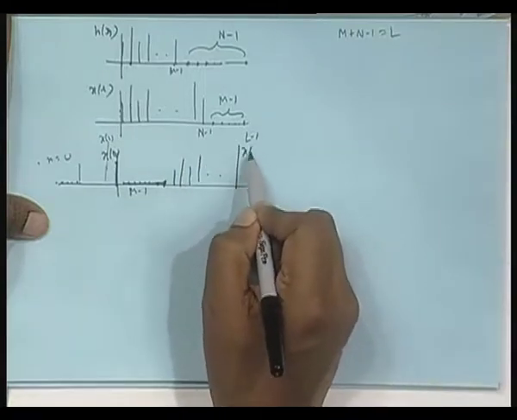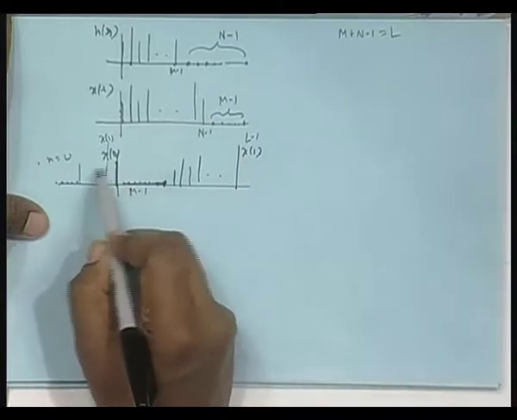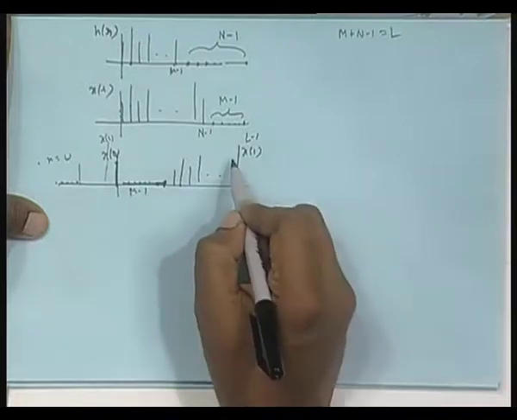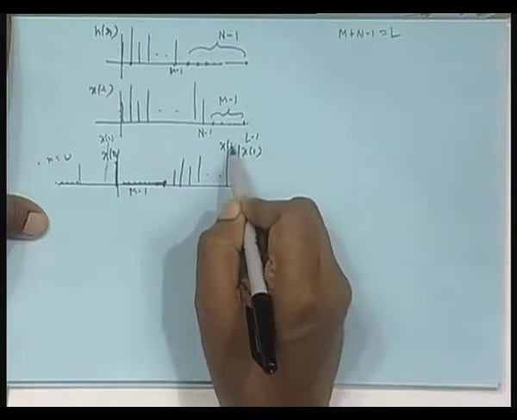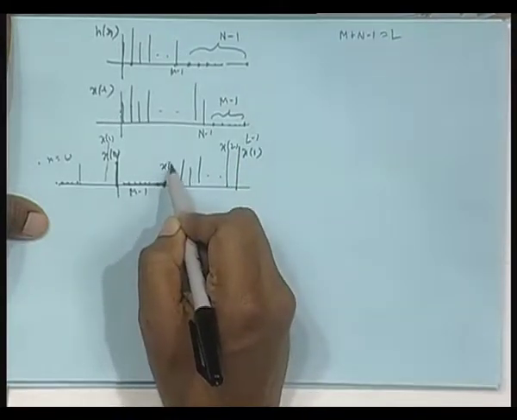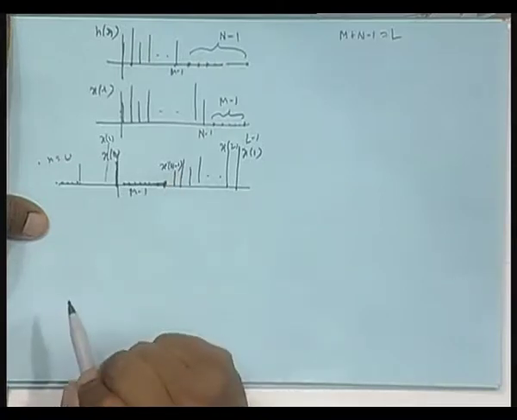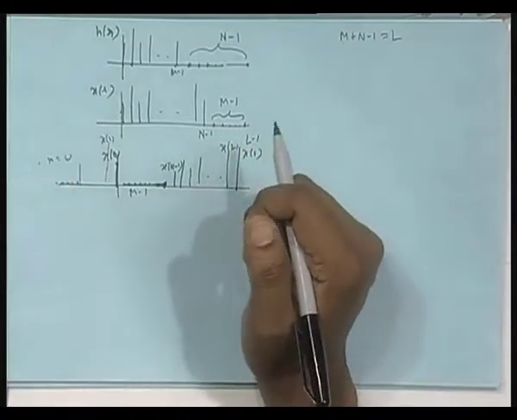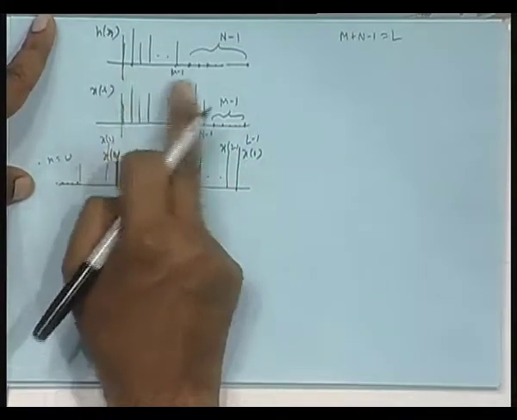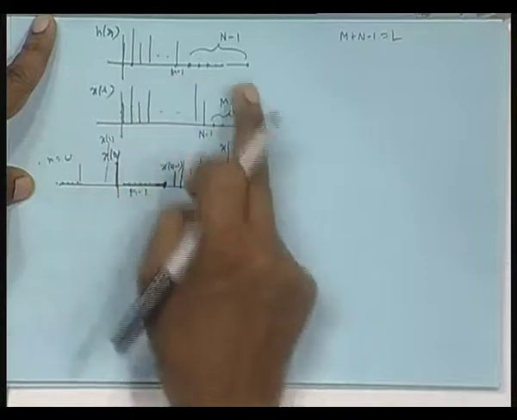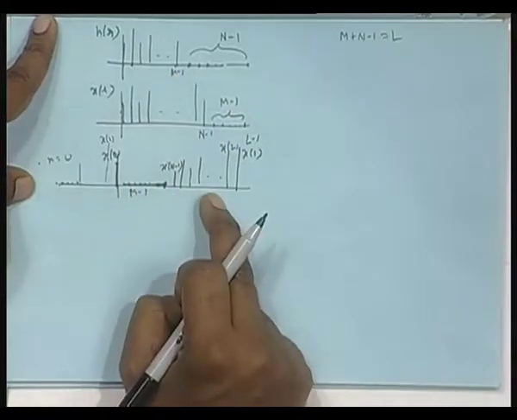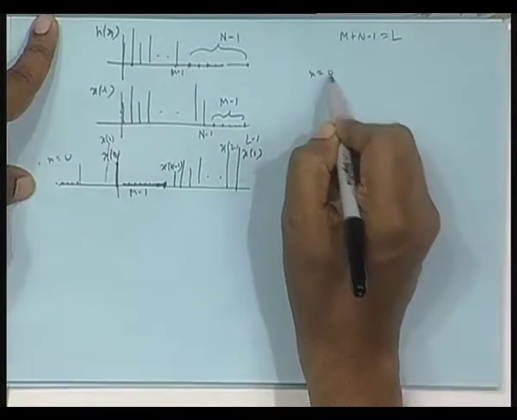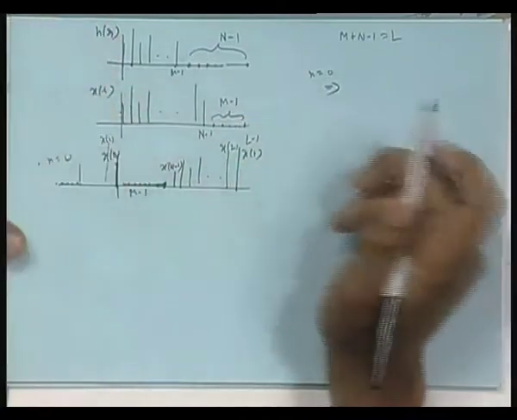This will be x 1 to the left of x 0. Again, using periodicity, this is coming on this side, x 2 and so on, this is x N minus 1. Now chop off right and left, multiply. These zeros will take up these samples, and these zeros will take up these samples. So, you only get x 0 h 0, so n equal to 0. This is called the 0 padding technique, 0 padding.